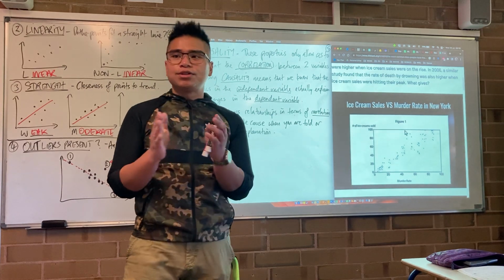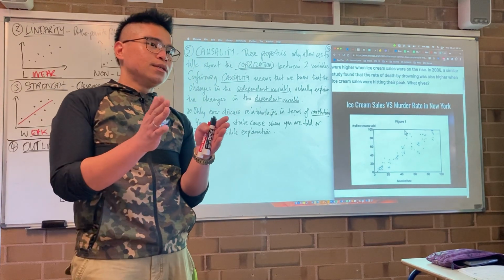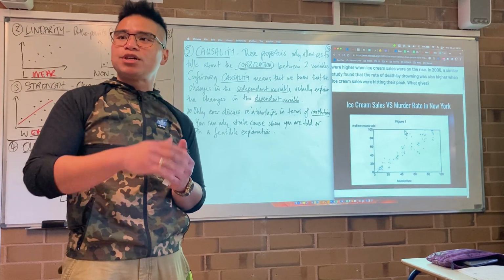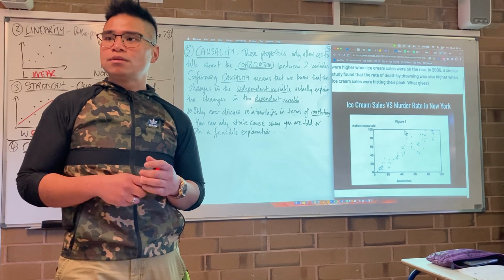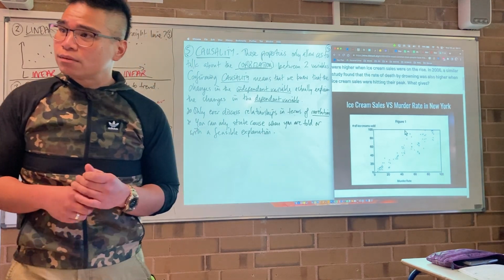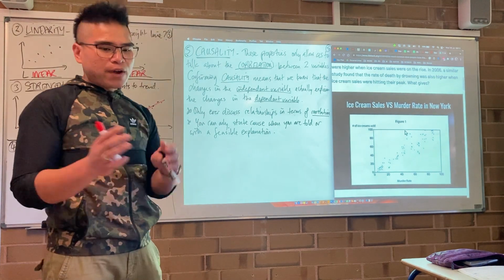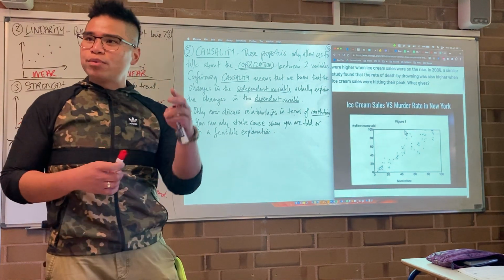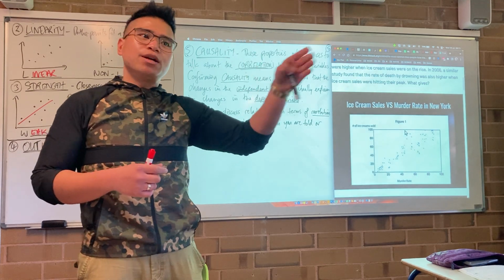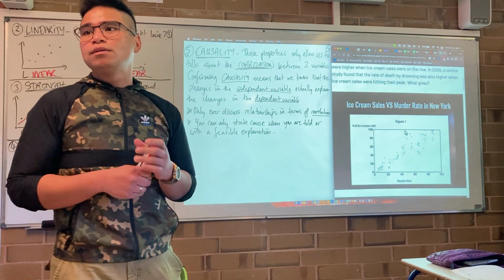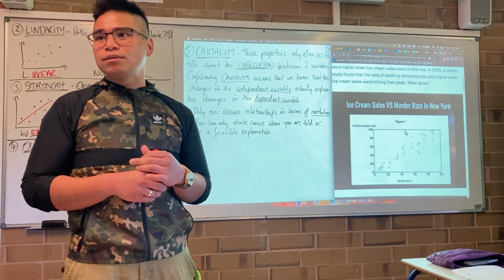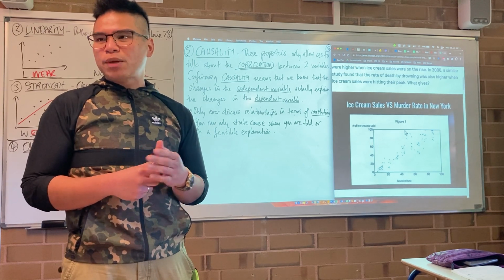The causality is this. What would happen to the ice cream sales as the temperature increased? Gets higher? There'd be a direct correlation between sales and the heat. If I looked at a separate correlation and the number of murders correlated with the temperature, what do you think? The hotter it gets, people get fired up.